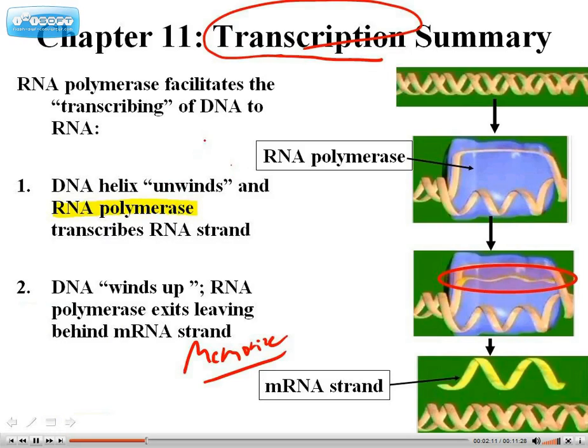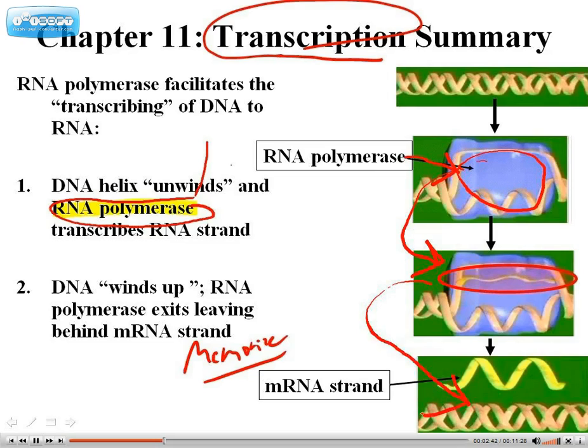RNA polymerase is a jack of all trades. In transcription, the RNA polymerase goes ahead and, during the unwinding process, transcribes a brand new RNA strand. After it transcribes the RNA strand, it allows the DNA to wind up, at which point the RNA polymerase leaves.